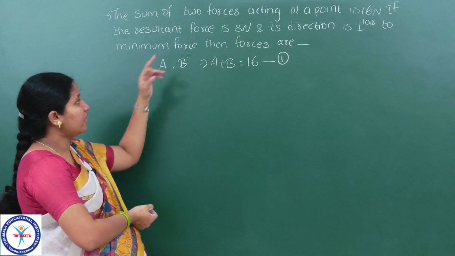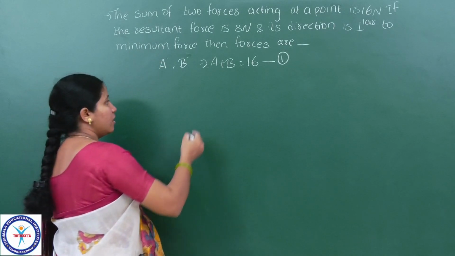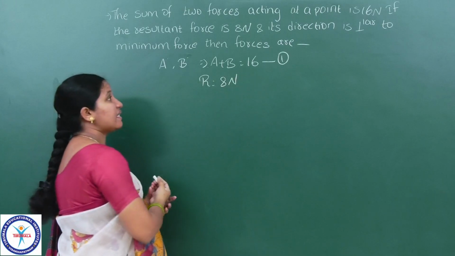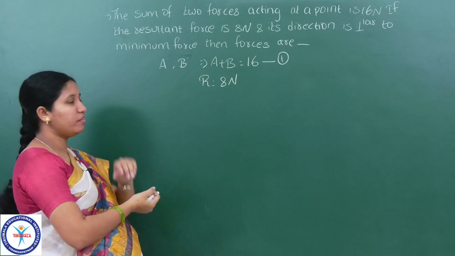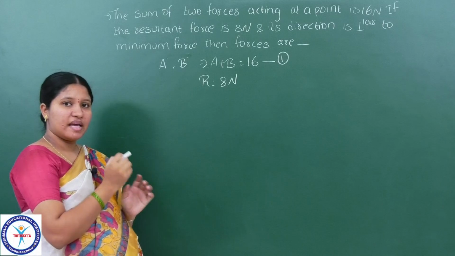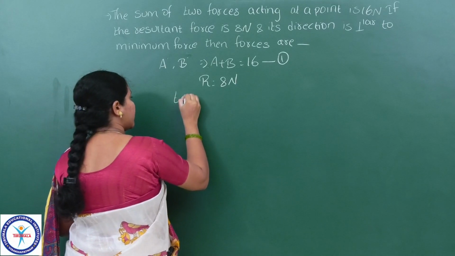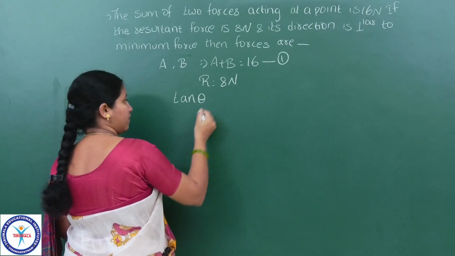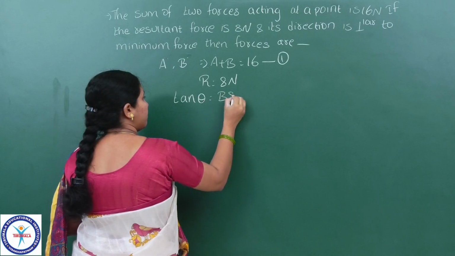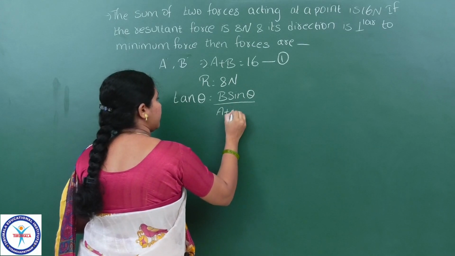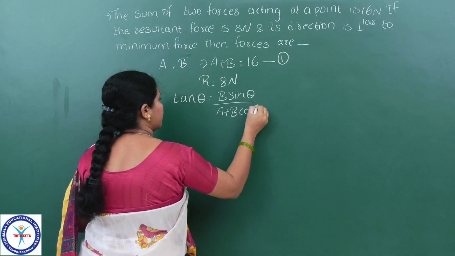If the resultant force is 8 newtons, so R is given as 8 newtons, and its direction is perpendicular to the minimum force. We know the direction formula tan theta equal to B sin theta by A plus B cos theta.